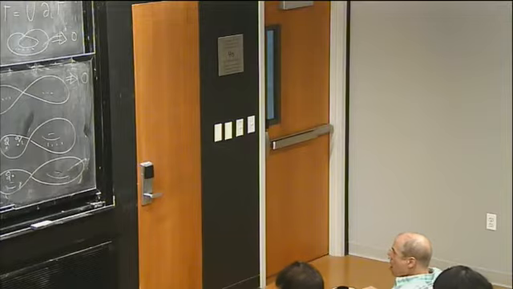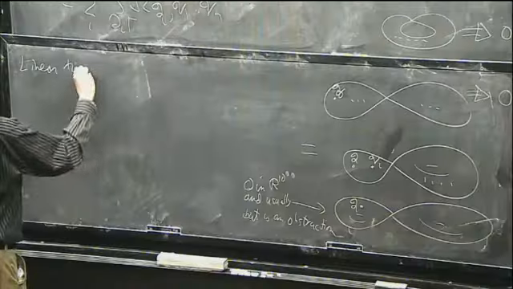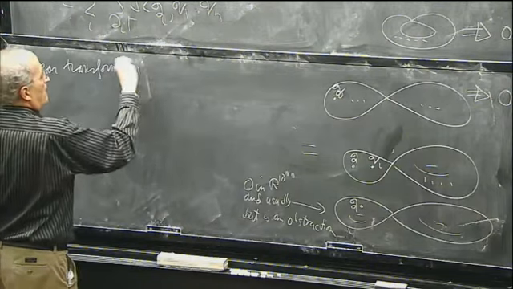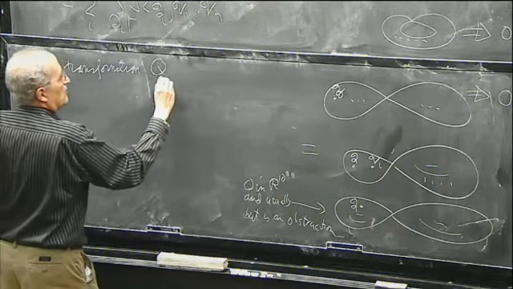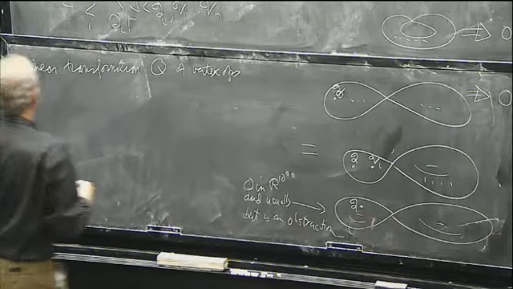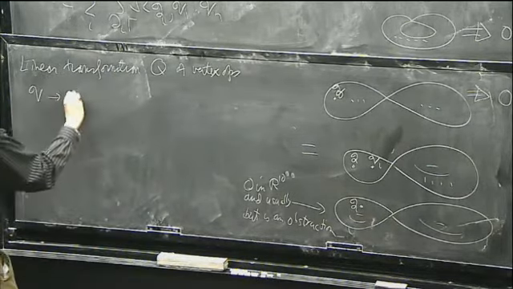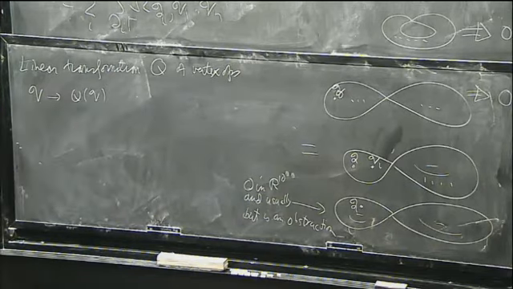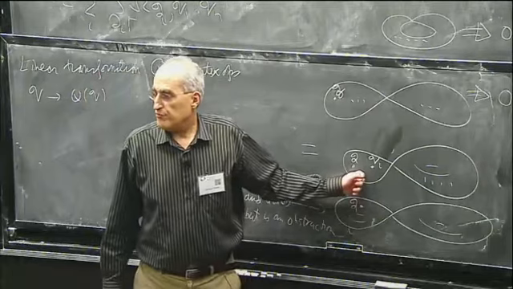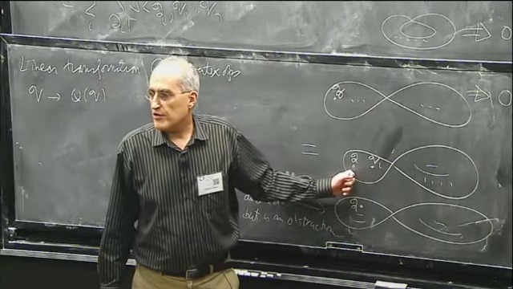And there's a linear transformation which I'll call Q of vertex operators. So I'll write it as V going to Q of V, such that this picture can be replaced with the same picture with the component containing Q contracted.